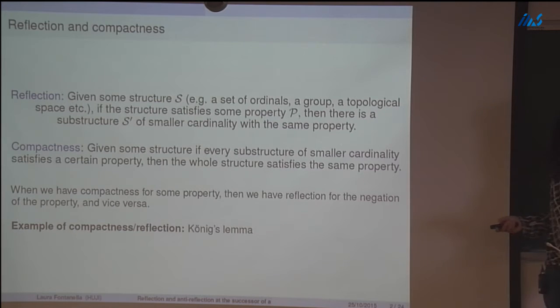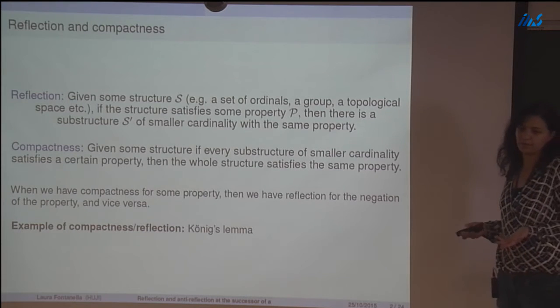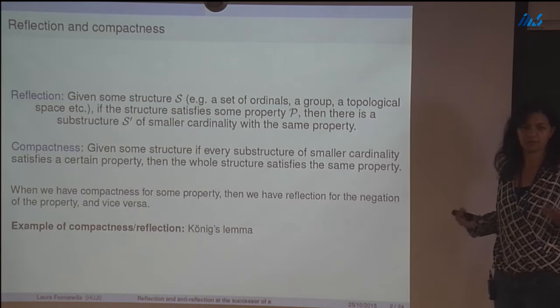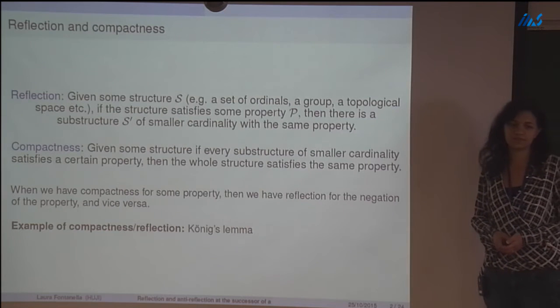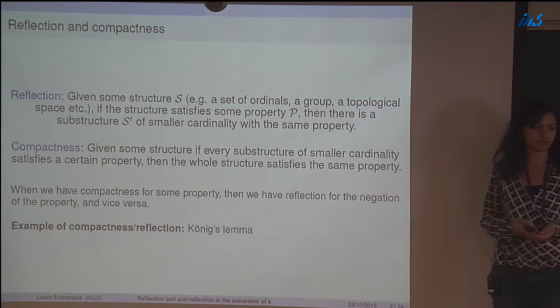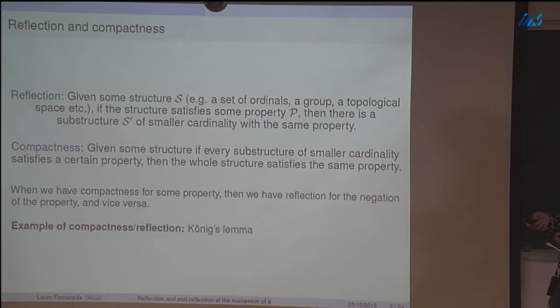And this is obviously related to the compactness theorem, actually, to generalizations of the compactness theorem. So compactness is dual to reflection because when you have compactness for a certain property, you have reflection for the negation of the property. So I guess that Menachem's talk would be related to what I'm going to discuss.